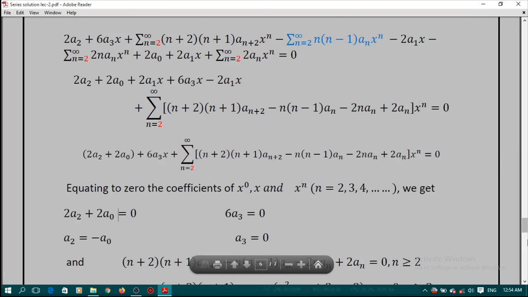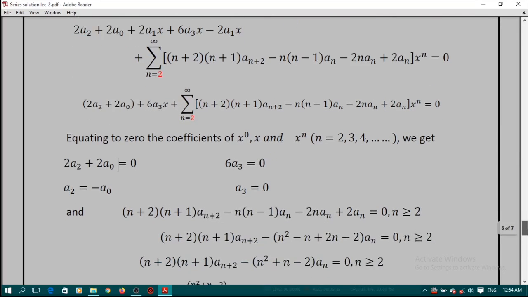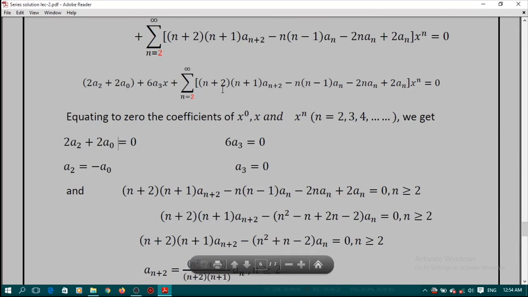And after that, equating the coefficient of x raised to n, that is (n+2)(n+1)a_(n+2) minus n(n-1)a_n minus 2na_n plus 2a_n, that equals to 0, where n is greater or equal to 2.